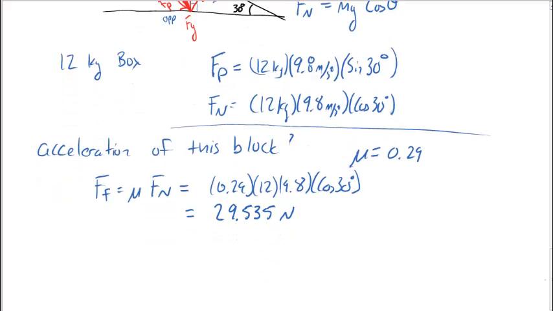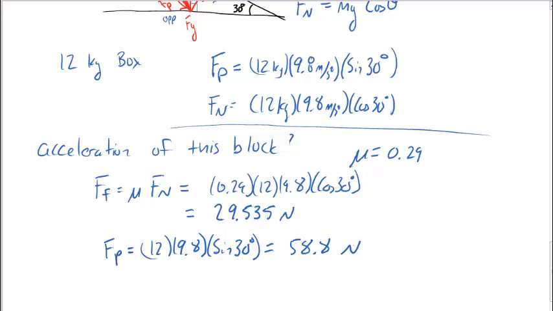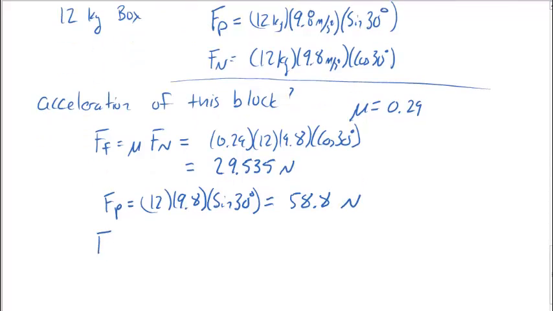The parallel force acting on this block will be 12 times 9.8 times sine of 30 degrees, so that works out to 58.8 newtons.